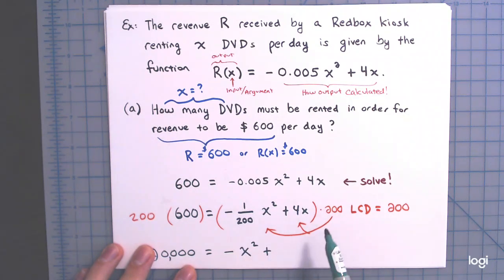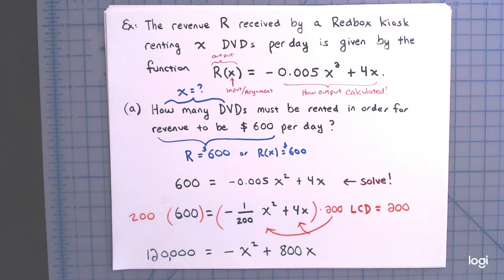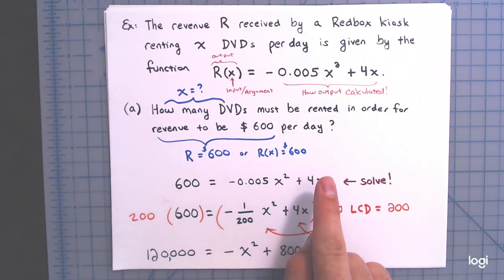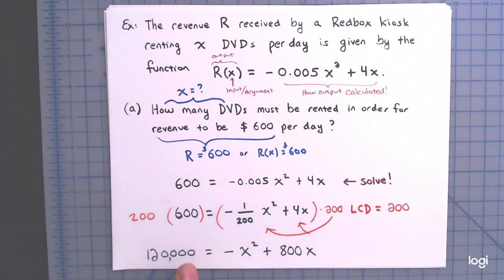Then plus 4x times 200 would be 800x. Okay, so here's a nice, this is the same equation. This equation I started with and this equation here are the same equation. I just multiplied both sides by 200.